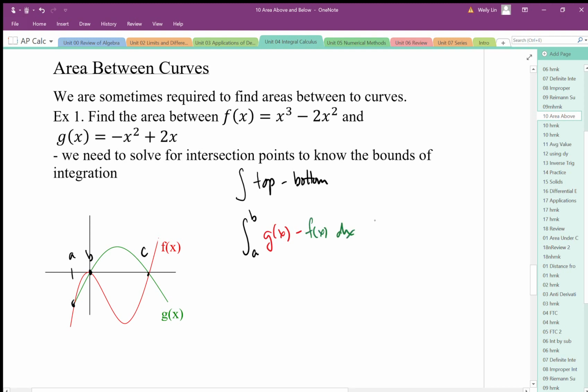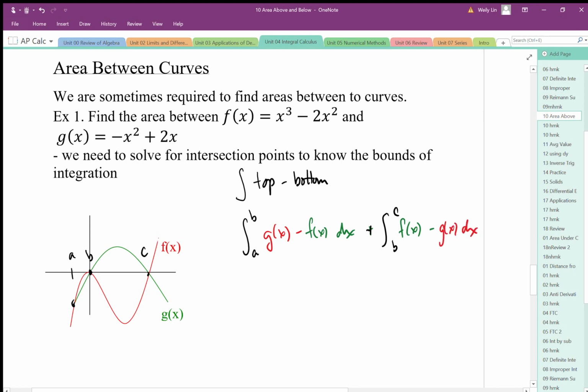Then we're going to add that to the integral from B to C. Now, in that case, this switches. The f of x becomes the upper function minus the g of x, which is the lower function.